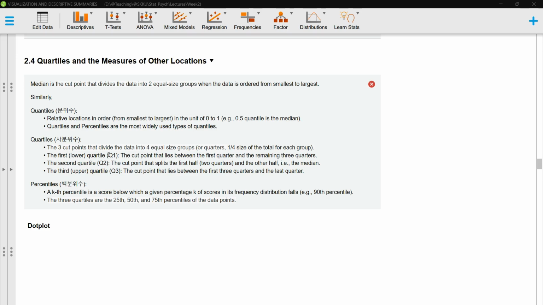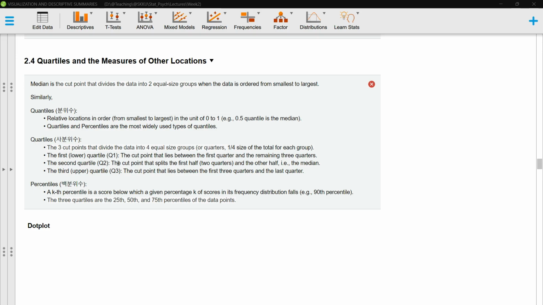The first quartile, Q1, is the cut point that lies between the first quarter and the remaining 3 quarters. The second quartile, Q2, is the cut point that splits the first half and the other half. The first half is the first 2 quarters, and the other half is the last 2 quarters. And that is the median, right?